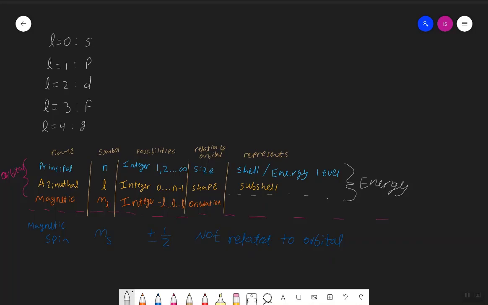Okay, so now let's look at the different possibilities of L for different possibilities of n. So we'll make a little chart here. This is our value of n, and n will have 1, 2, 3, 4, 5, and it goes on.